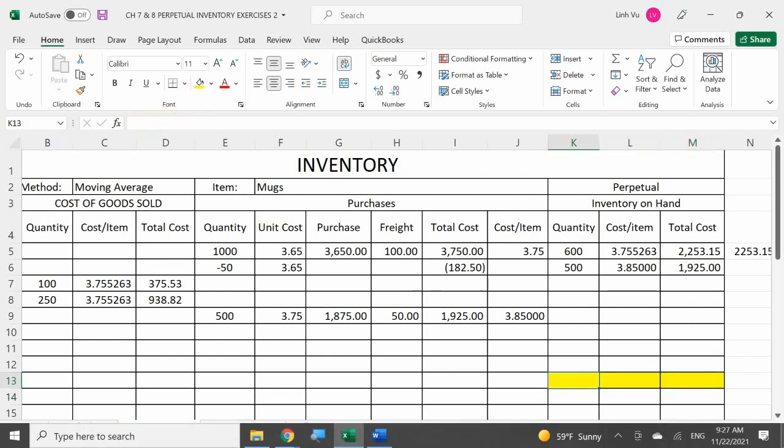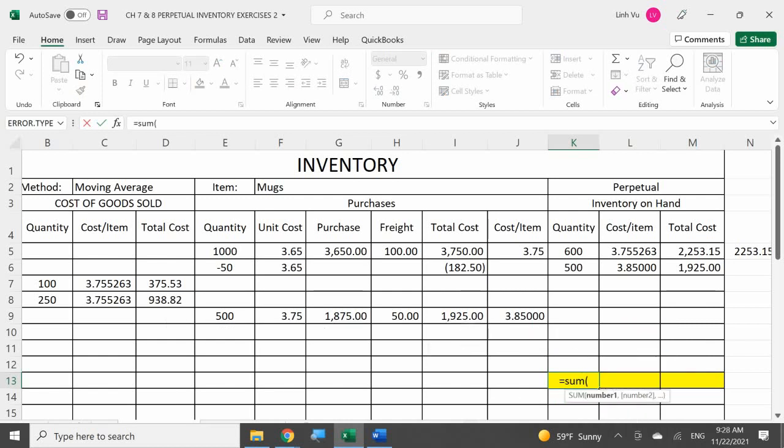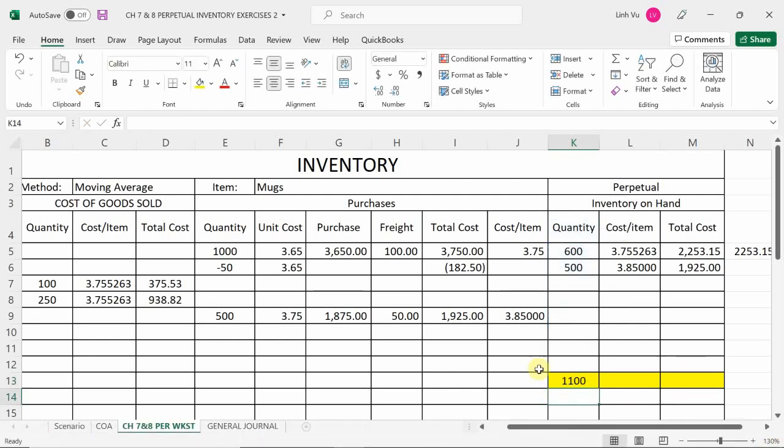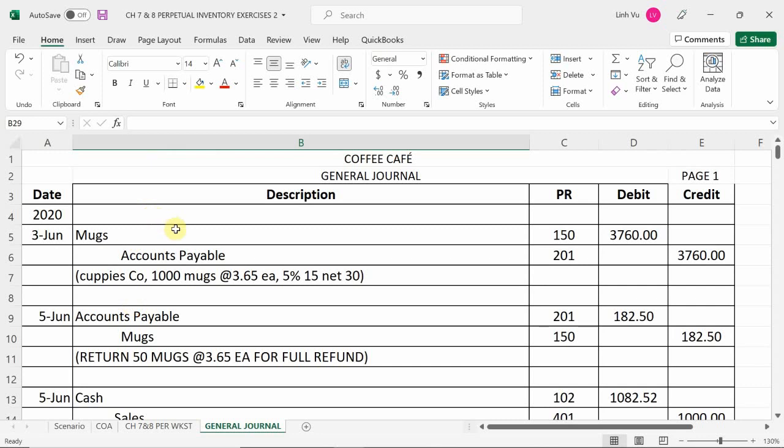So in this case, equals sum. So I have a total of 1,100 units at a grand total of 4,178.15. Okay. Right. So then now I can journalize it: I have a total cost of $19.25, and that's what I owe. $19.25.